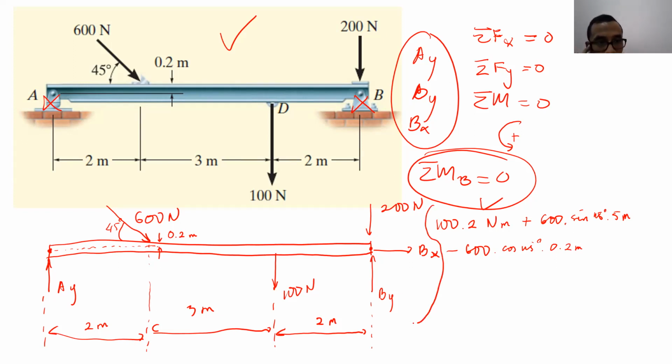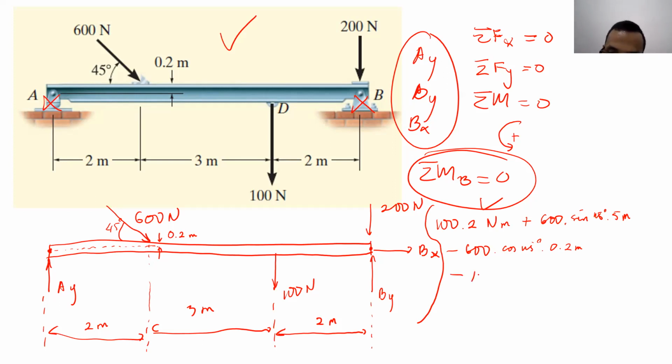And now, because of Ay, it's Ay times 6. 7. So 7. Okay, Ay times 7. Okay, and the direction is clockwise or counterclockwise? Clockwise. So minus as well.